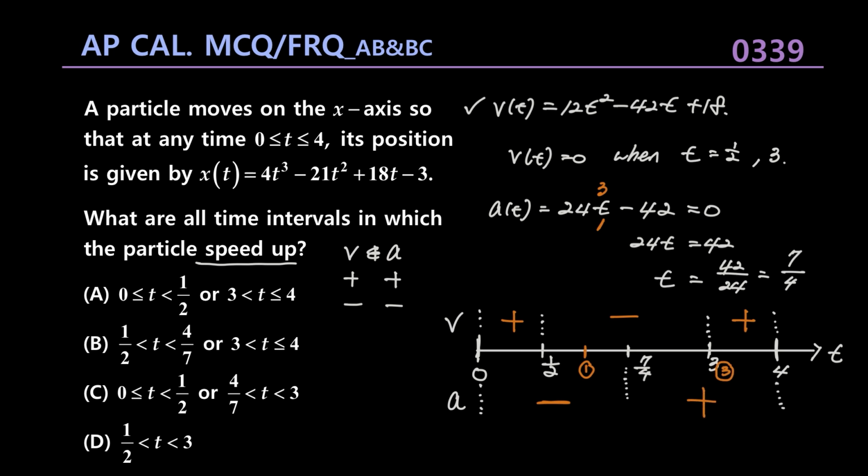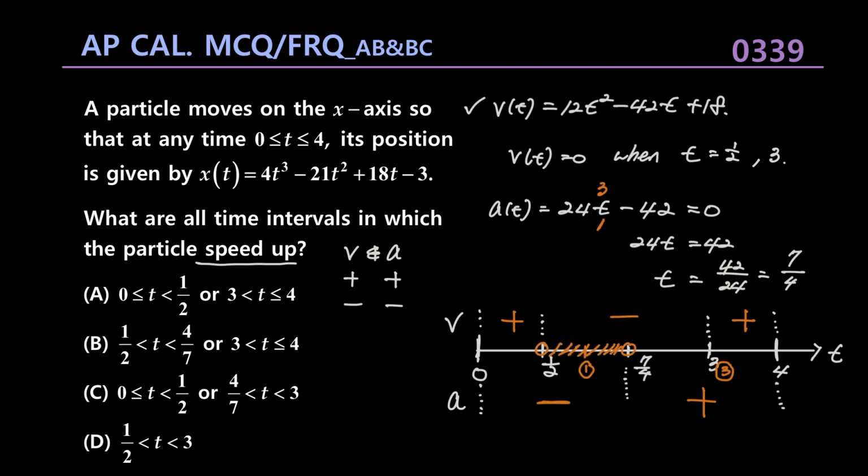Remember, the particle speeds up when velocity and acceleration have the same signs, positive, positive, or negative, negative. Velocity is positive from here to here, but acceleration is negative. Velocity is negative here. Acceleration is also negative here, right? So in this interval right here, they're both negative.